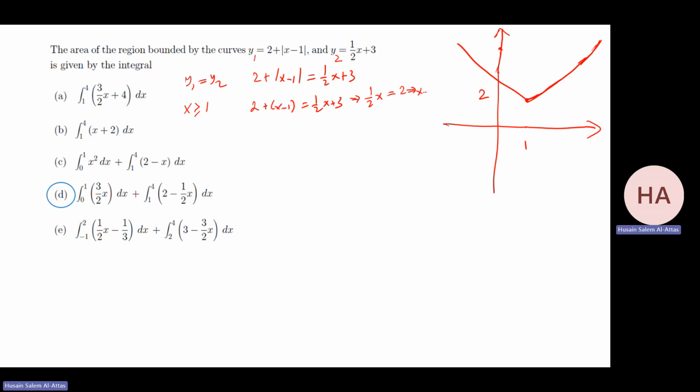That's equal to 2, so x equal to 4. And if x is less than or equal to 1, then I have 2 plus 1 minus x equal half x plus 3. So I have 3 cancelled, so I have x equals 0. So x equals 0. This is another point of intersection.